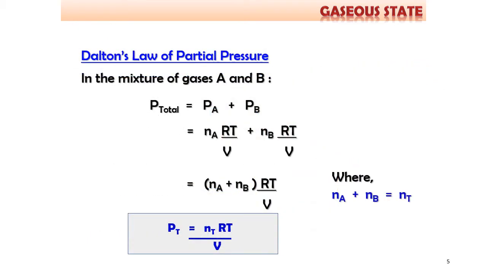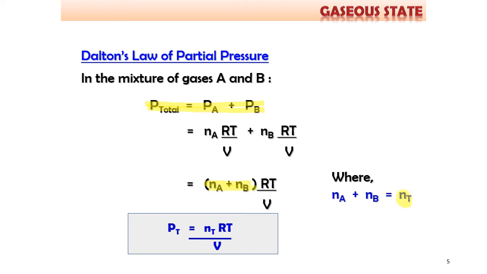So for the total pressure, if you use PV equals nRT, then later you need to sum up both of them. So you will come to this mole A plus mole B. So in this bracket, ini adalah your mole total.